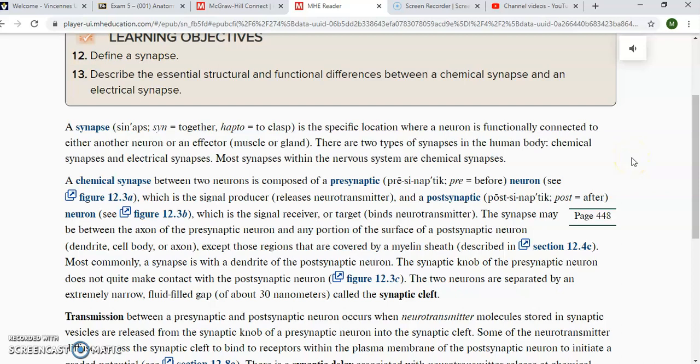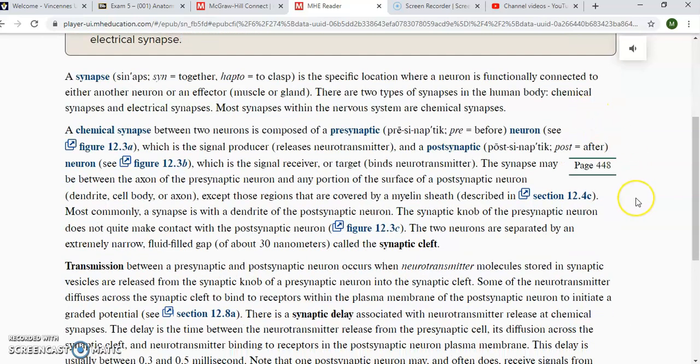There are, though, two different synapses within our nervous system. The first one is a chemical synapse, and that one is the most common one. A chemical synapse happens between two neurons, and a neurotransmitter will be released from the axon terminal of a neuron, travel across the synaptic cleft, and then bind to the receptors for that neurotransmitter on the next neuron.